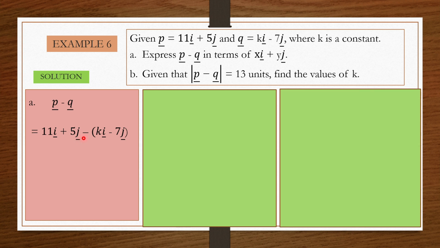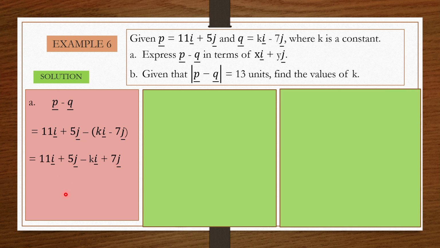Remember, must use bracket, especially for vector q. Open bracket, you'll have 11i plus 5j minus ki plus. Why plus? Because up here you have negative times negative, which will become positive 7j. Be careful with that.